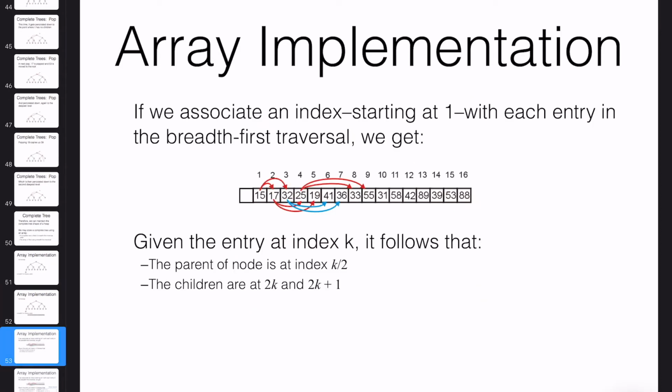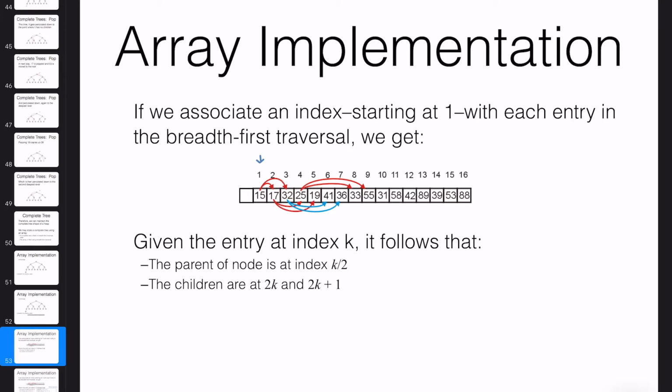Okay, so just to make the implementation easier, what we do is we store the items in an array and start from index 1. This is just a minor change in the implementation, just to make sure the formulas that we get later on to access the parents and children are going to be simplified.